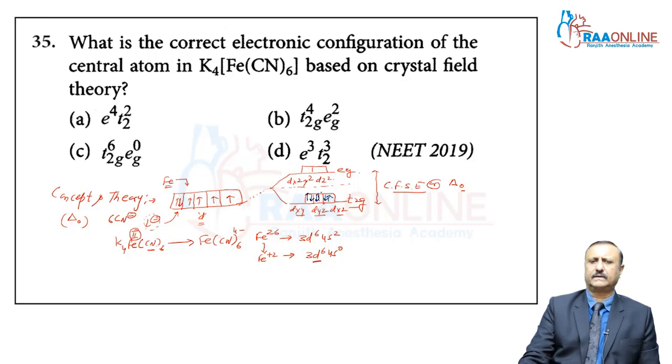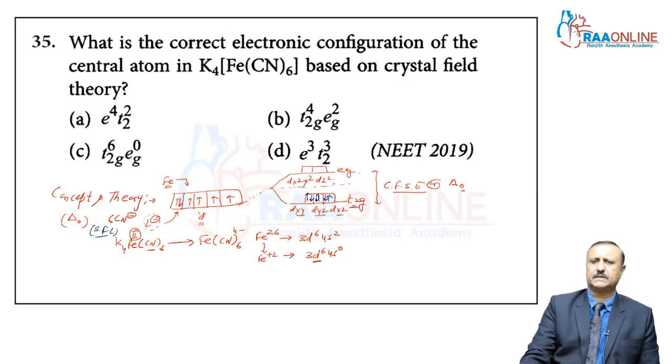Here we can see that 6 electrons are in the t2g orbitals. Why? Because my dear students, cyanide ions are strong field ligands. When a strong field ligand comes close to the iron metal, splitting is maximum. Strong field ligands are those which, when close to the metal ion, cause maximum splitting.